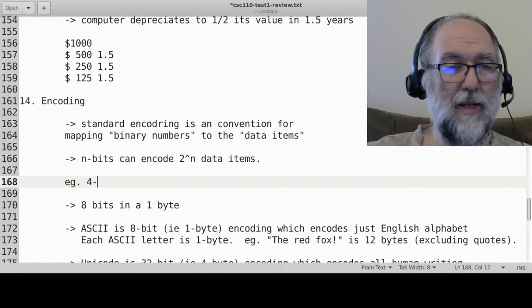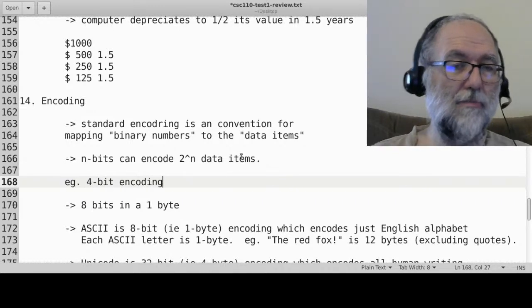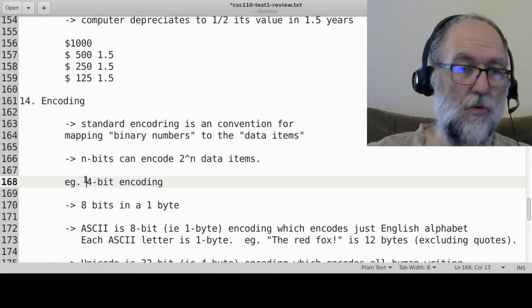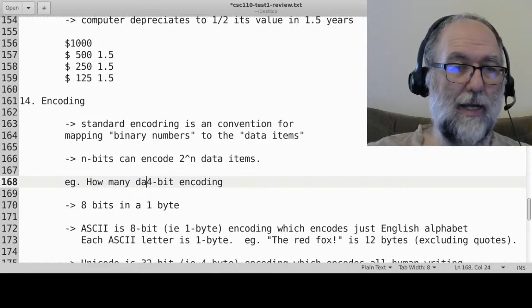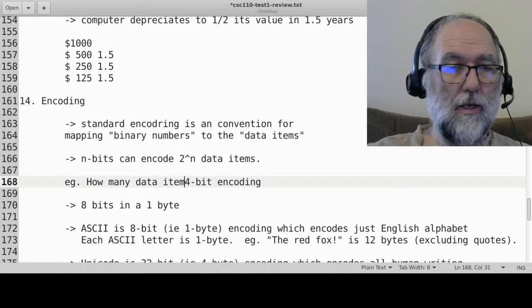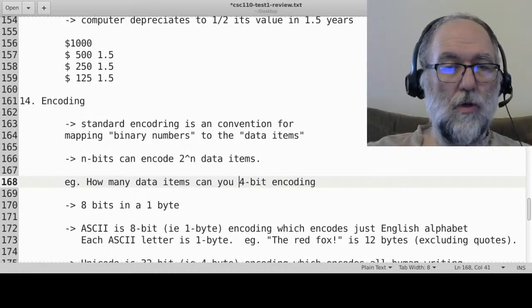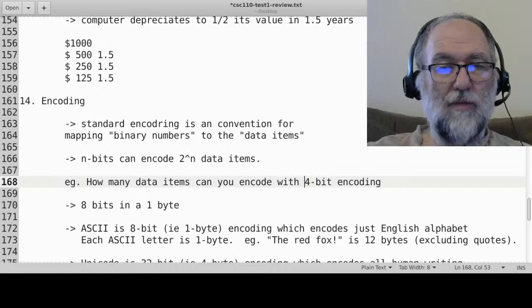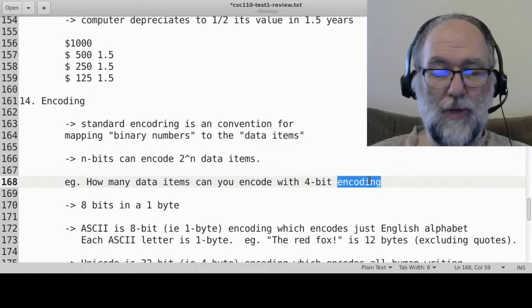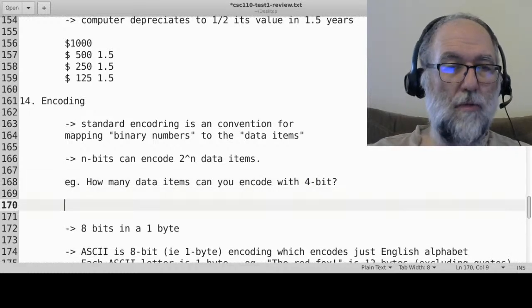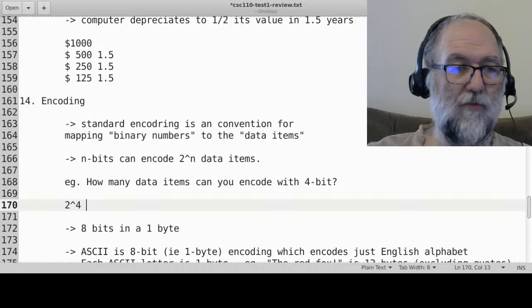Suppose I have a 4-bit encoding. Ask the question, how many data items can you encode with 4 bits? The answer is 2 to the exponent 4.